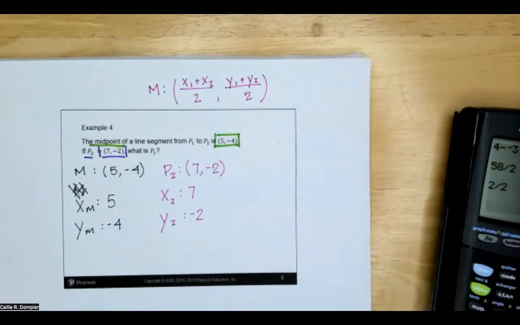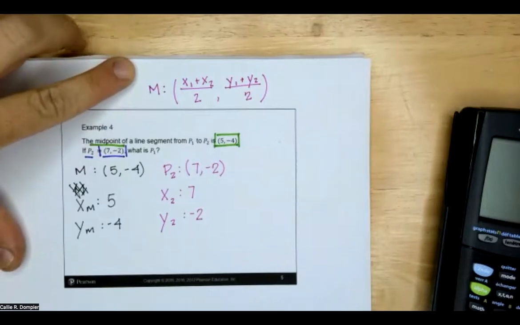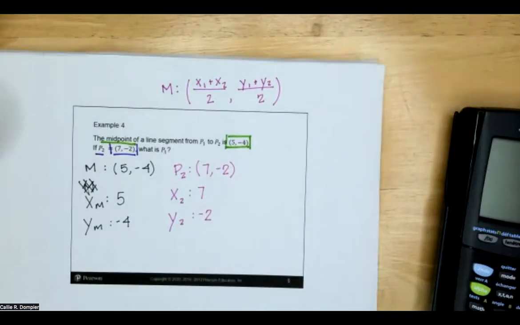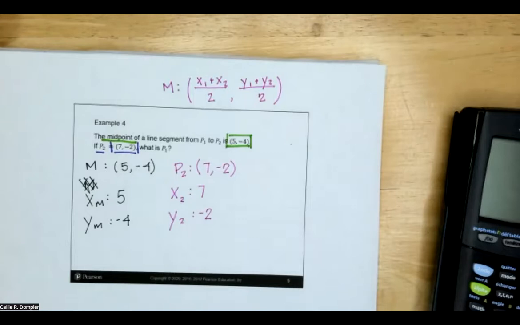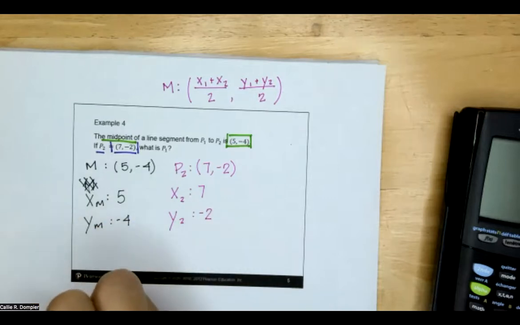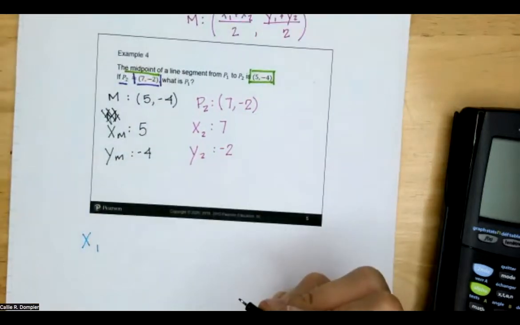So I need to find my first point. I think I should call it x1. I'm trying to find x1.